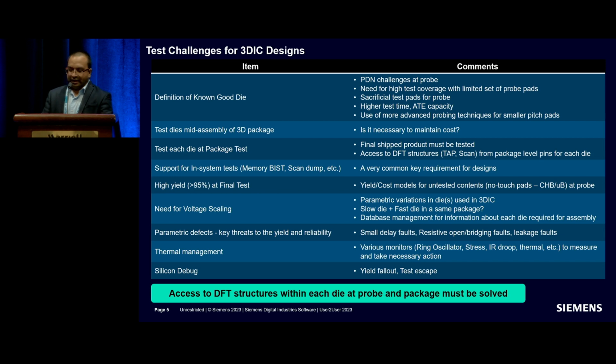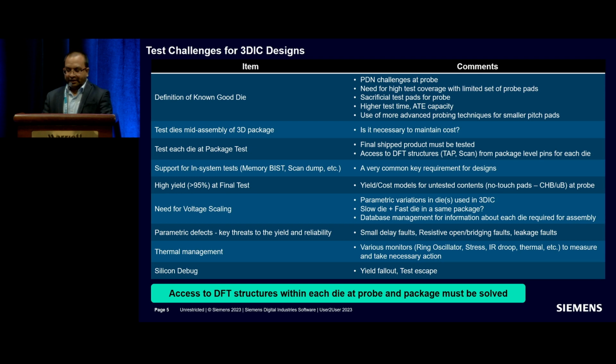But from a test assembly, test operation perspective, tracking the die to its performance, and a lot more information about the die, is necessary so we can assemble the appropriate dies together. Thermal management is also an area of concern.